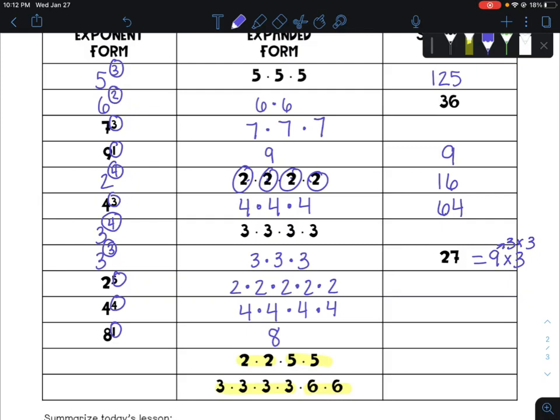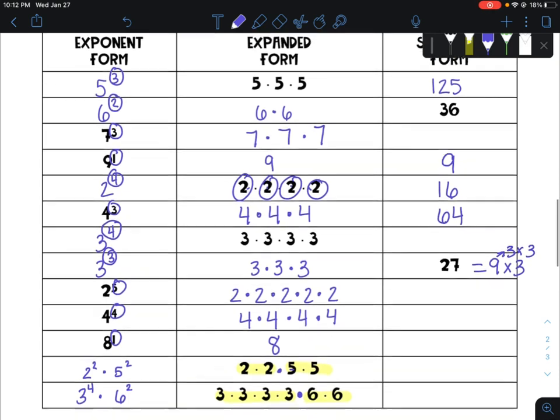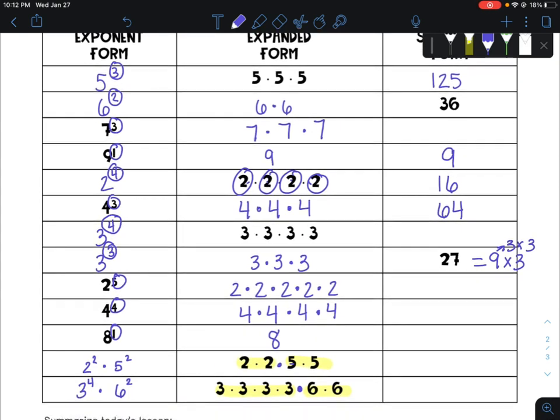So there's 2 2s, which means 2 squared, or 2 to the second power, times 5 multiplied twice, so 5 squared. Same thing with this bottom one. It's 1, 2, 3, 4 of these 3s, so 3 to the fourth, being multiplied by 2 6s that are multiplying, so 6 squared.